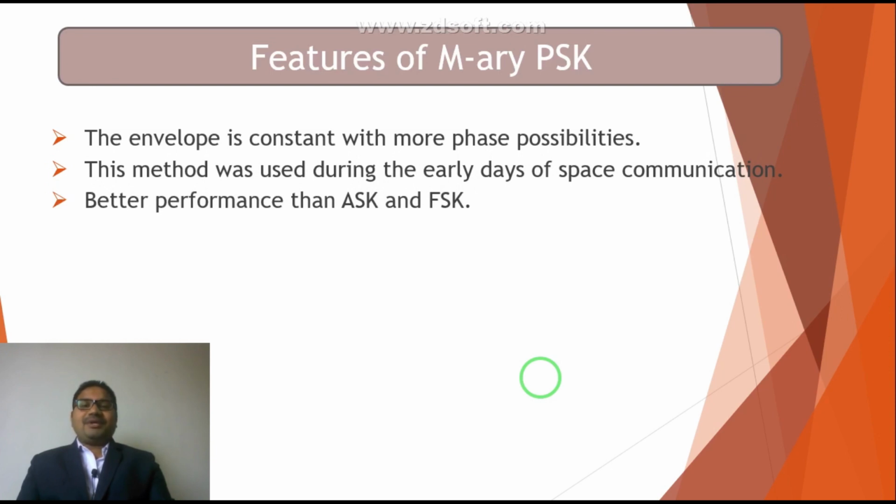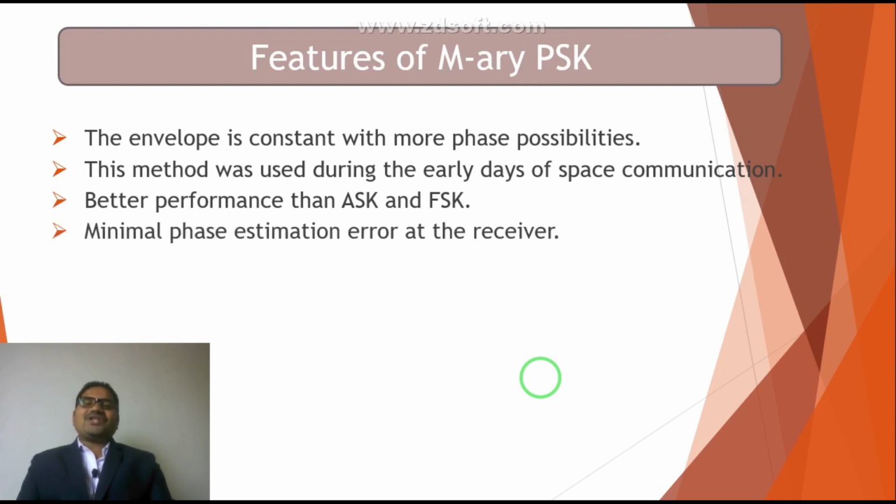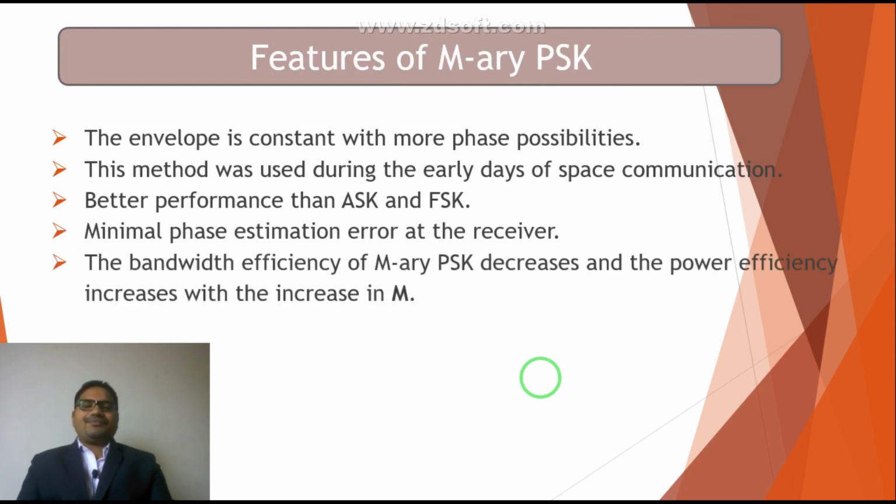Definitely M-ary PSK has better performance than amplitude shift keying and frequency shift keying, and it has minimal phase estimation error at the receiver. The bandwidth efficiency of M-ary PSK decreases, and the power efficiency increases, with increase in M, that is, possible symbols.